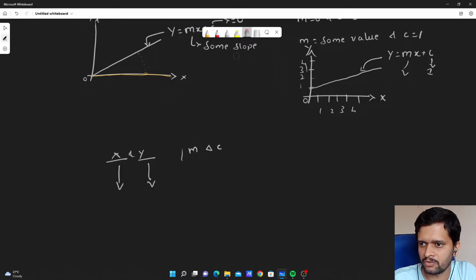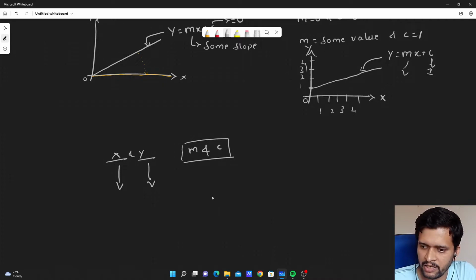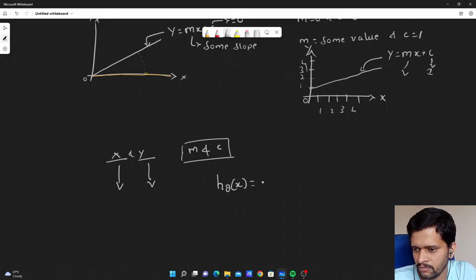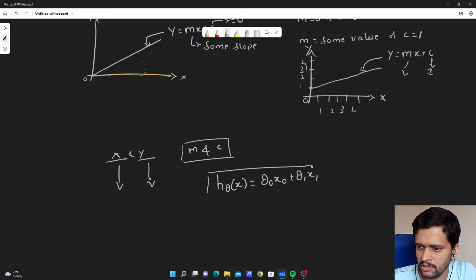In order to represent it in a more general way with respect to machine learning, the linear regression hypothesis is given as h theta of x is equal to theta 0 x0 plus theta 1 x1. This is the equation of linear regression.